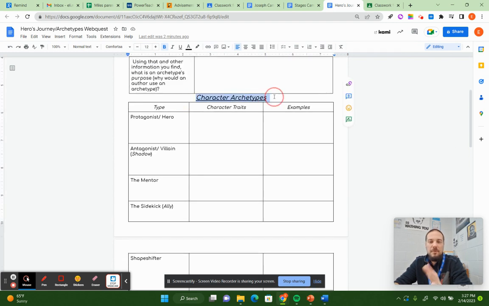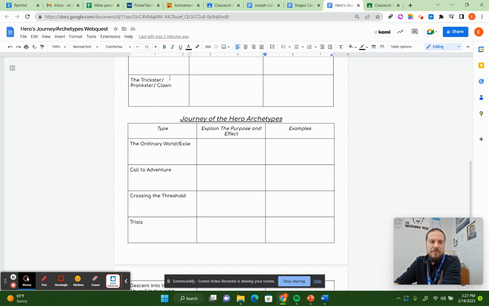And then you get into the two parts that concern us moving into our next unit after we wrap up Heracles. So first off, you got character archetypes. These are the kinds of figures that you see often in myths and stories, and they're not just myths, like superhero movies, Star Wars.